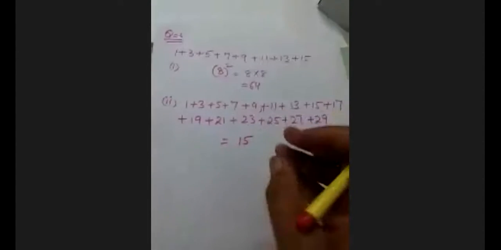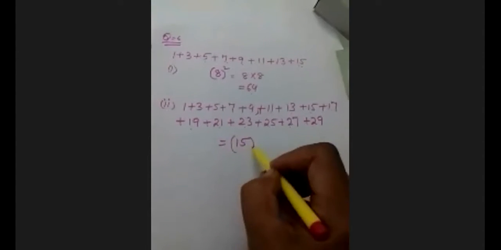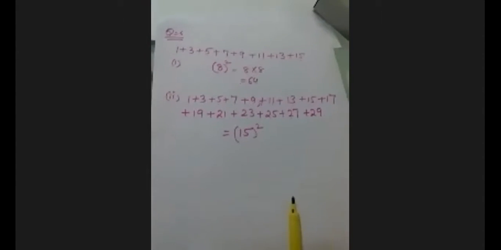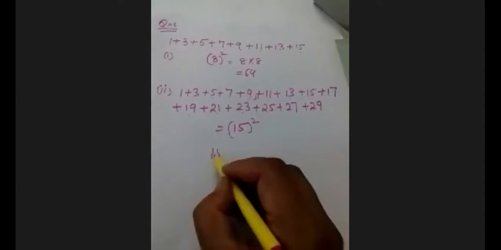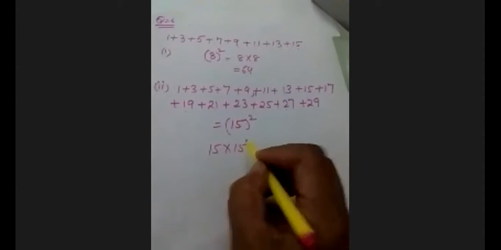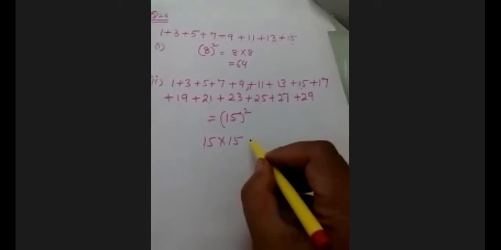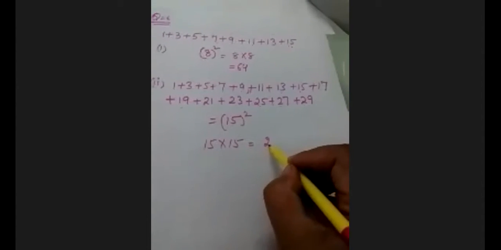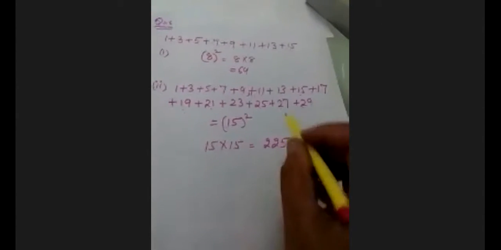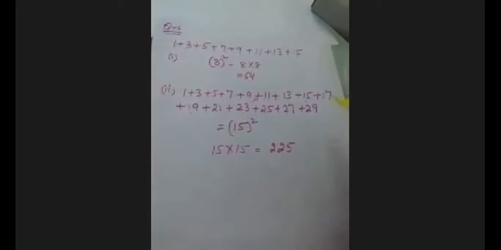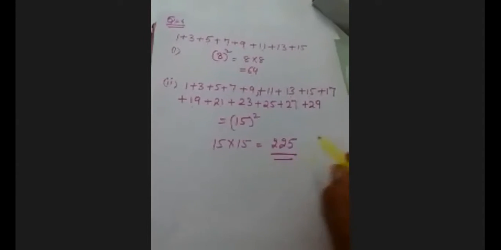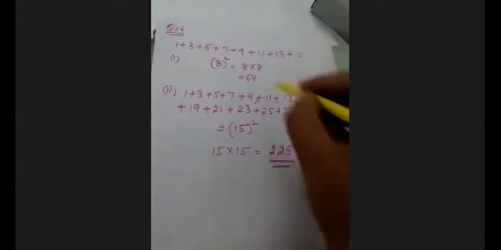Now find, without adding, the sum of these numbers: 15 square. Now 15 into 15 is 225. So the sum of all these numbers is 225.